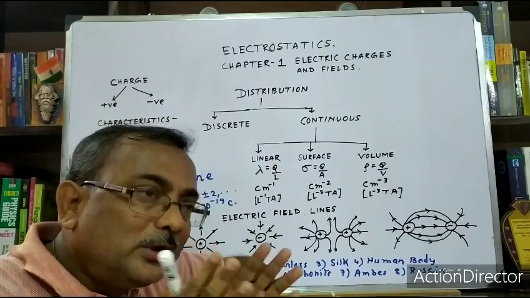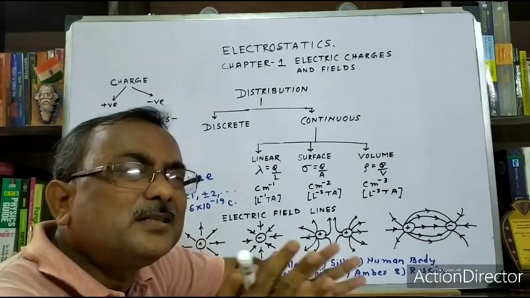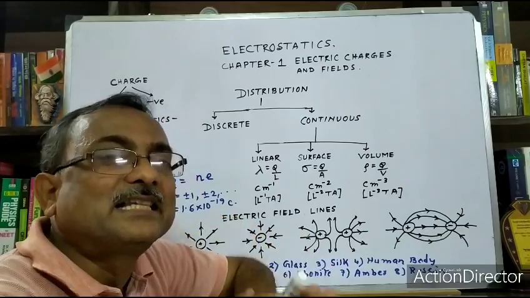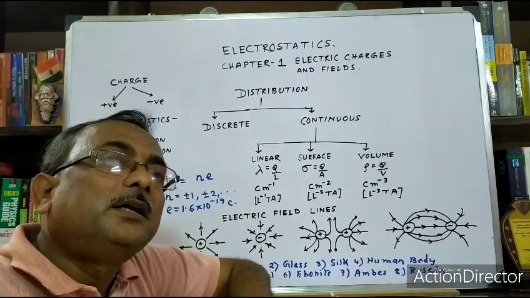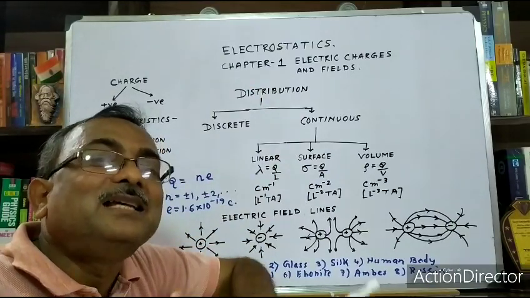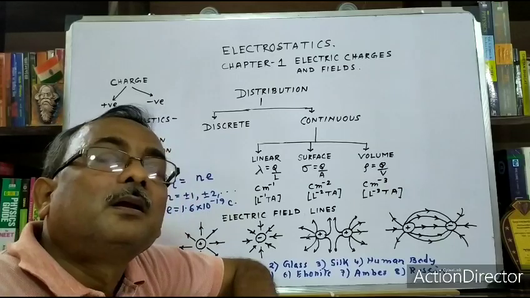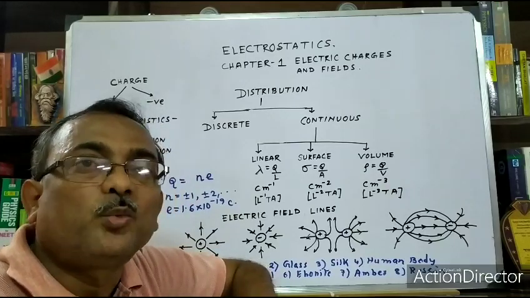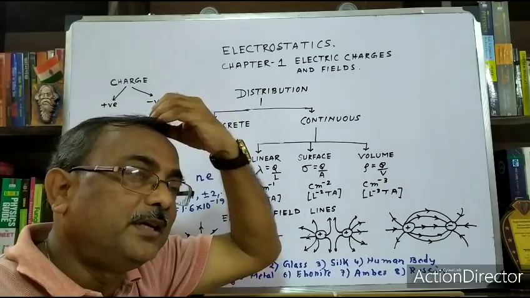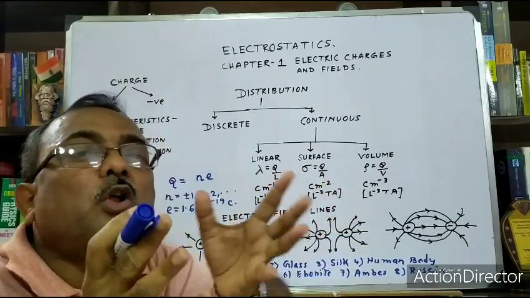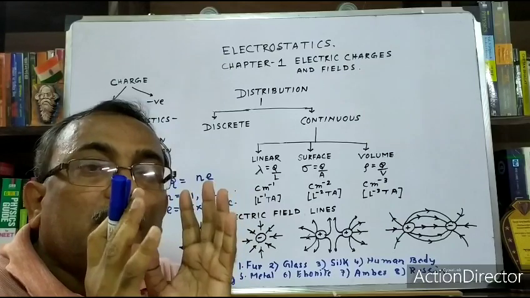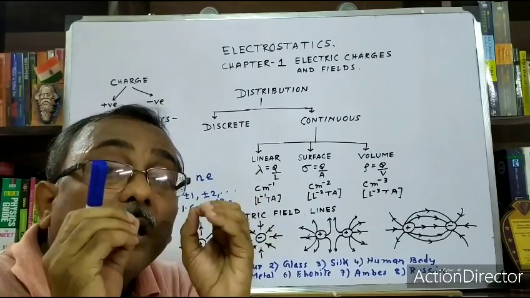In most schools, there is an easy example of discrete distribution of charges. We have seen in most schools, some guys cut their hair in such a way that some hair is here, some hair is here, some hair is here. In that case, the distribution of hair on the head is discrete.